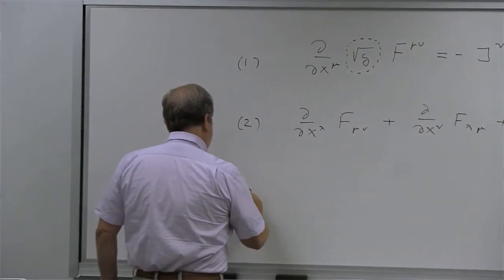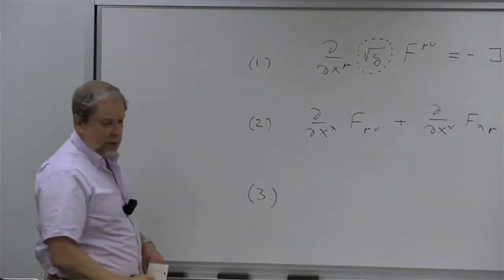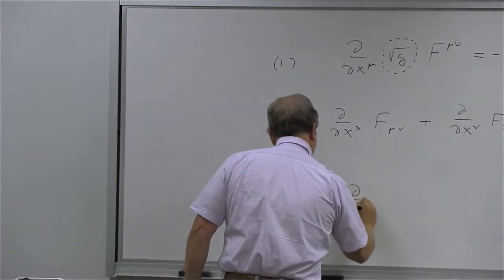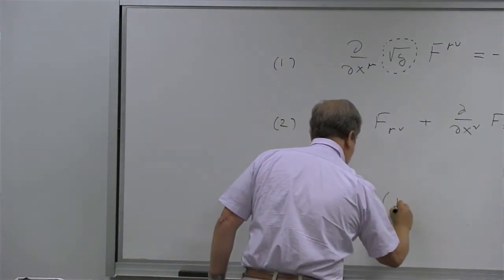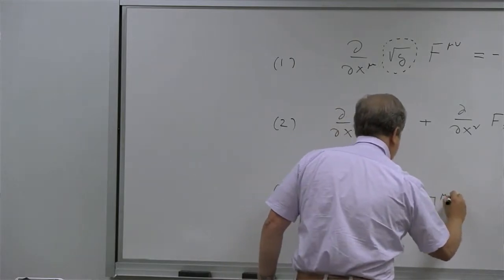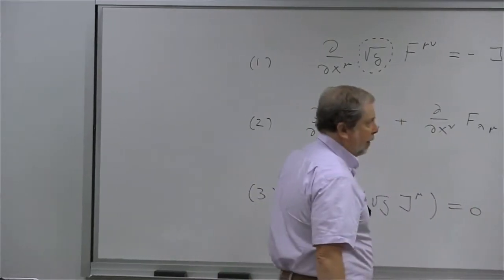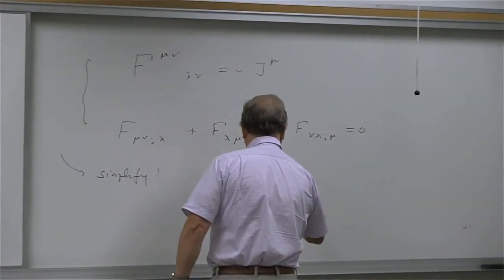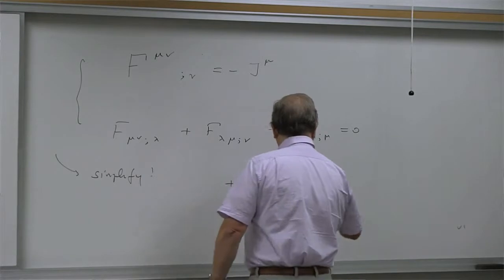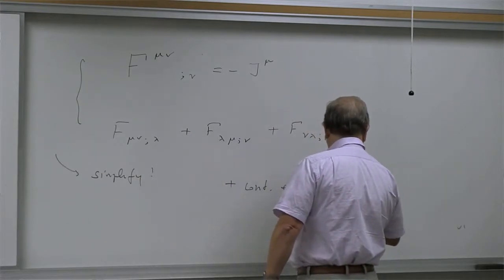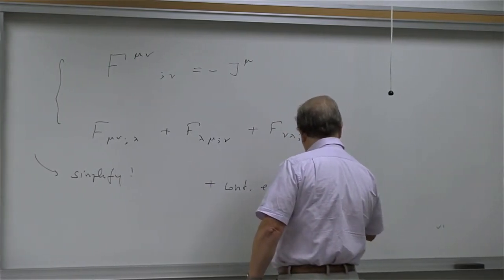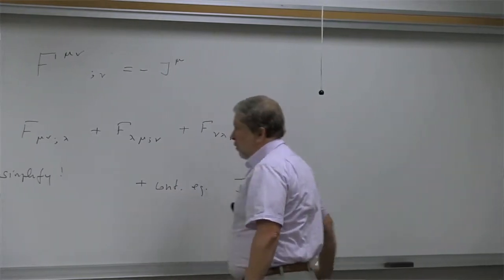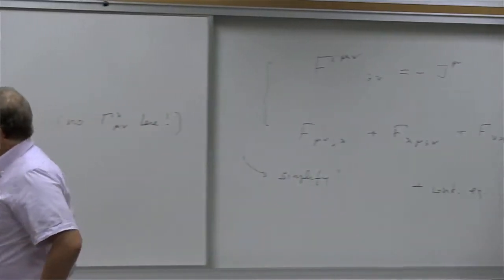Now, in fact, there is an equation number 3, which is current conservation. That is, the derivative d by dx mu of the square root of g times j mu is equal to 0. So plus the continuity equation, which is again a divergence equation.